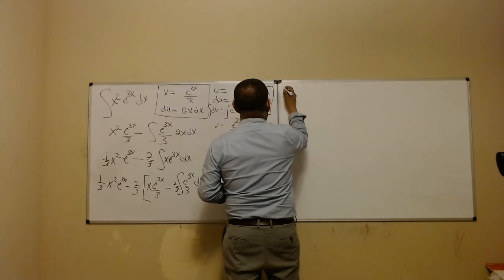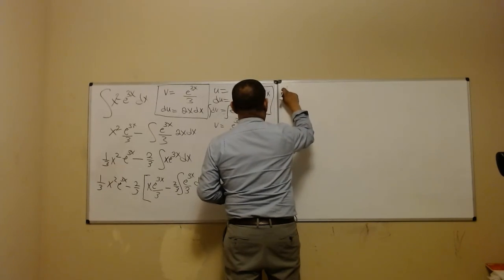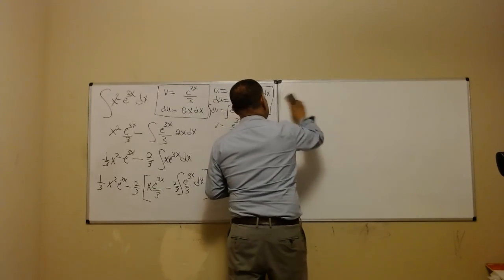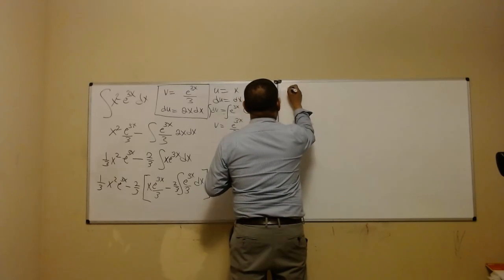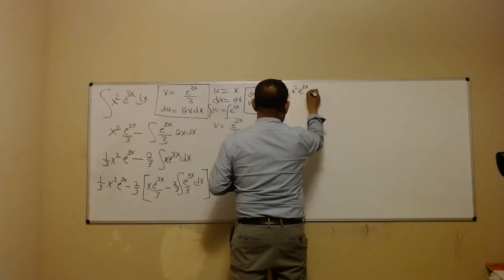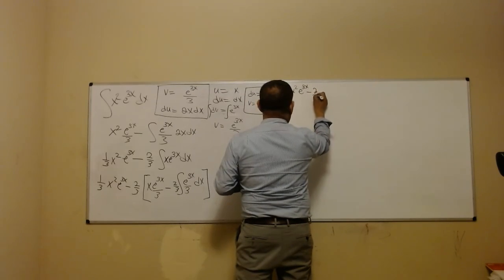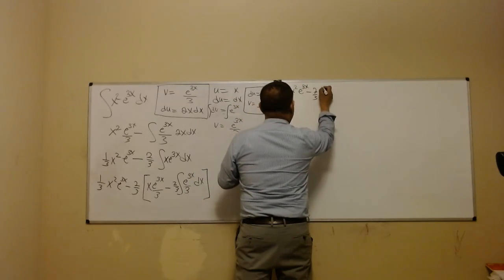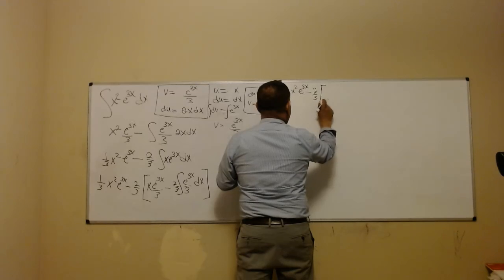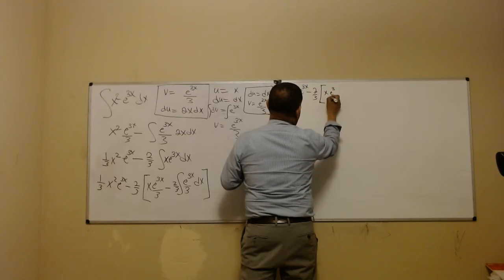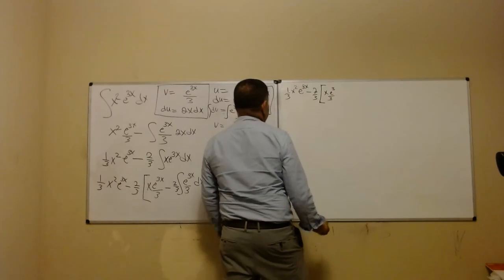So it's 1/3 x squared e to the 3x minus 2/3 x e to the 3x over 3, right?